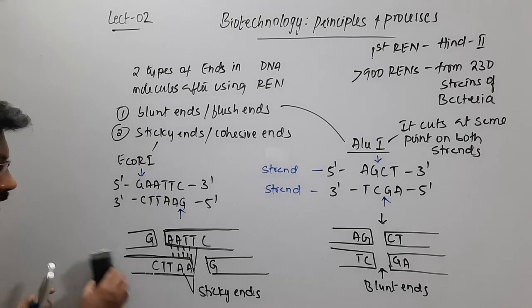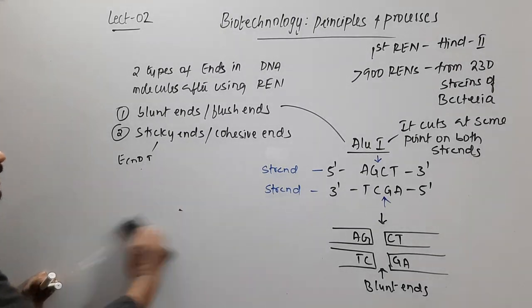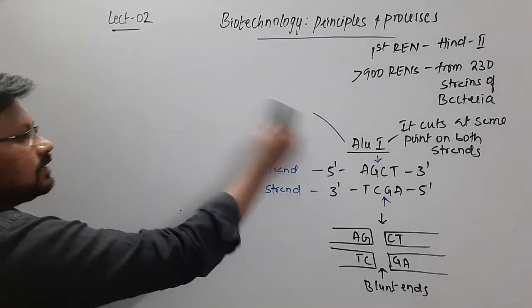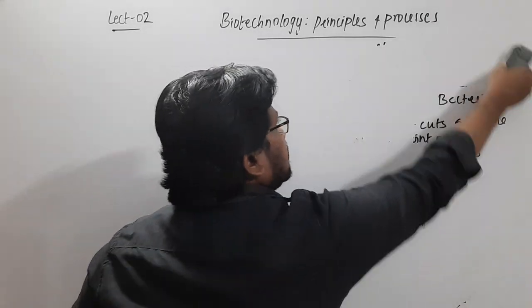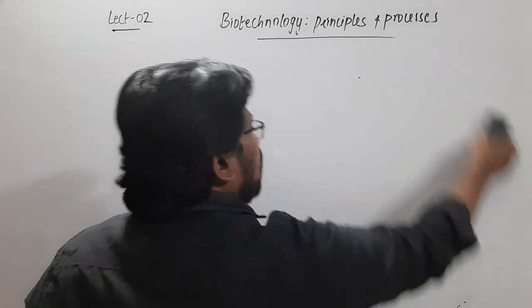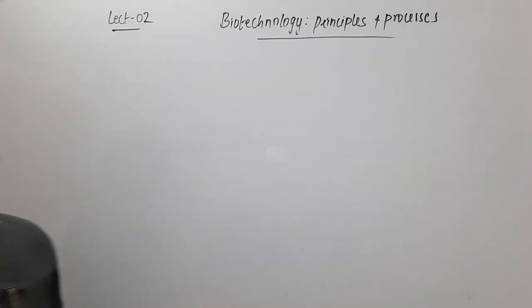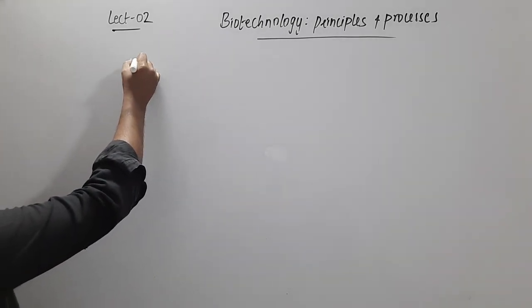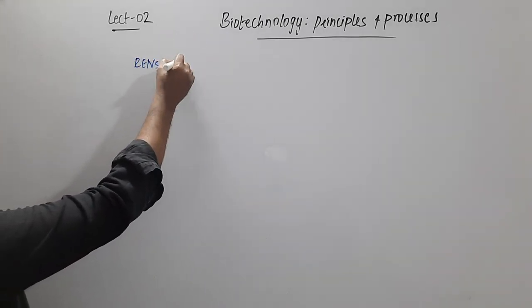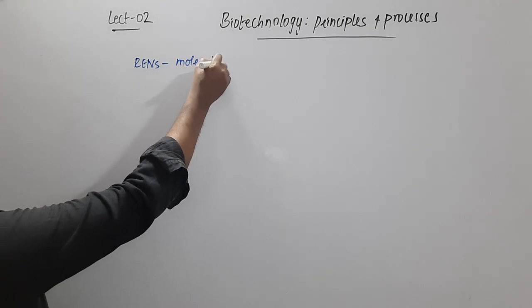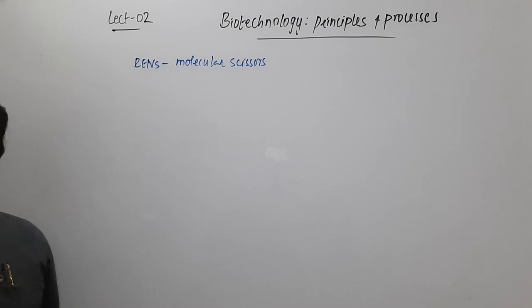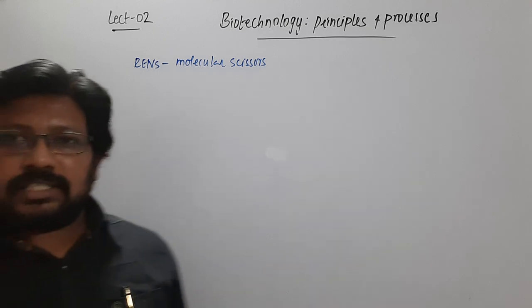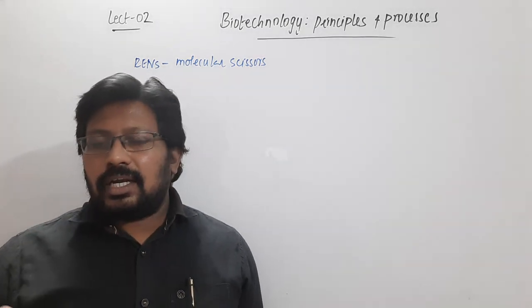As these restriction endonucleases are able to cut the DNA, we can also call the restriction endonucleases molecular scissors. So RENs are molecular scissors.